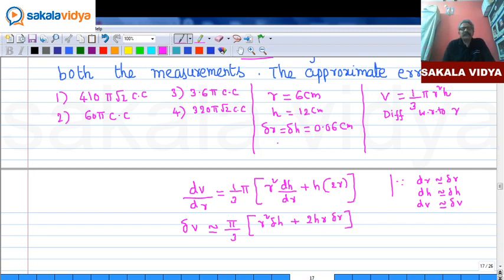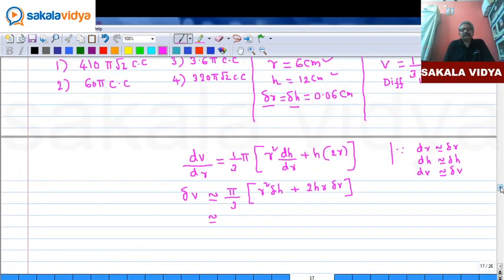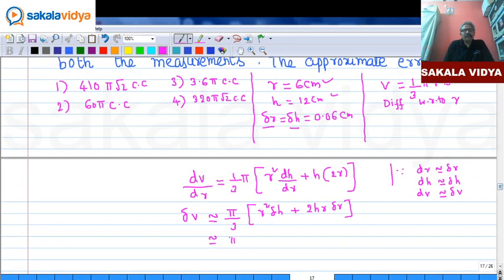Substitute respective values, delta r, delta h, r value, h value here, you get delta v. So pi by 3, you can take r common, we have r delta h plus 2h delta r, approximately equal to pi by 3 into 6, r is 6, delta h is 0.06 plus 2h is how much?